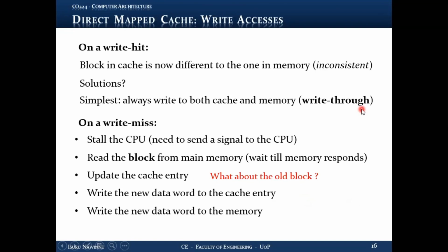Now again, we have the question, what about the old block? This was the same question we raised in the read access as well, right? When we bring a block from the memory and try to put that in the cache entry on which we had a miss, what about the old block that was already there, the existing block? Do we have answers now?